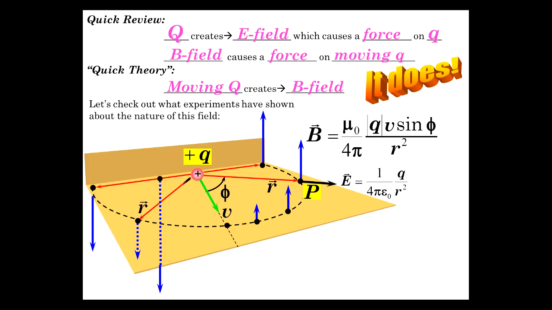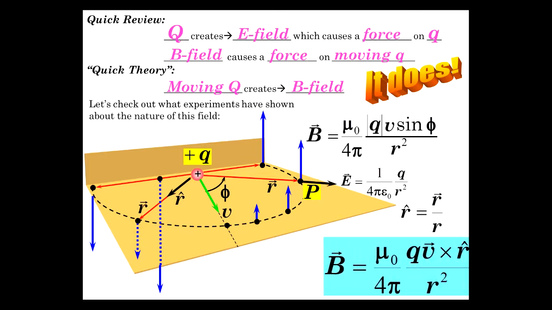Okay. Well, let's consider unit vector r. Remember what a unit vector is? A unit vector is just the vector itself divided by its magnitude, which makes it equal to 1, pointing in a spatial direction. All right.